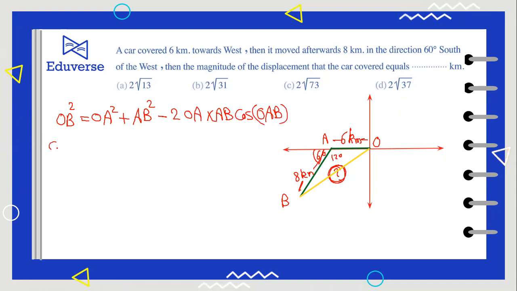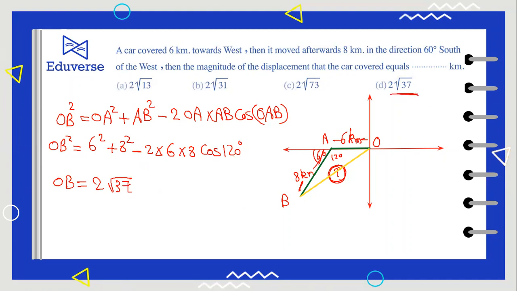So OB square equals 6 power 2 plus 8 power 2 minus 2 multiplied by 6 multiplied by 8 cosine of 120 degrees. I want to find OB, so I take the root of this value. It will be 2 root 37.